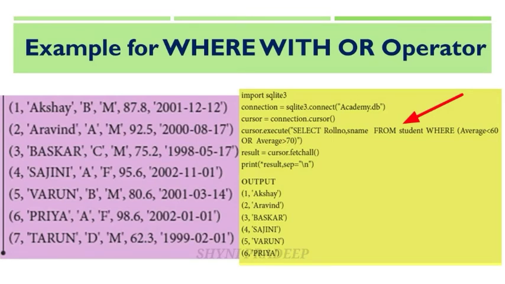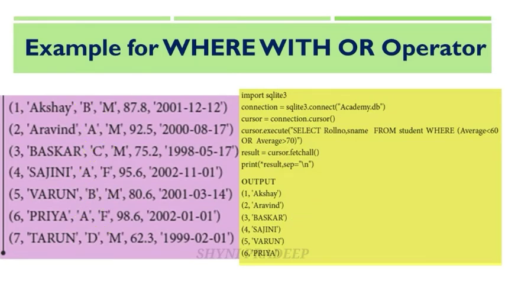So you have to print the roll number and name of those who have got less than 60 or greater than 70. Okay. So here all the students' roll numbers and names will be printed out except Tarun, because his average mark is between 60 to 70. So you have to avoid this average mark. Okay. So this is the output.